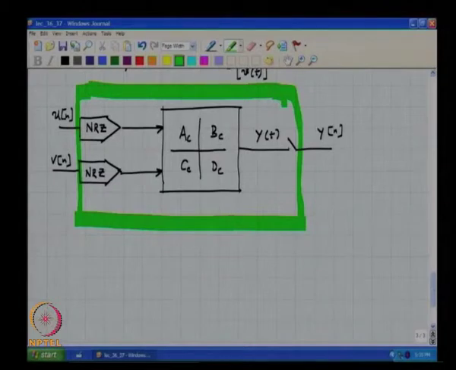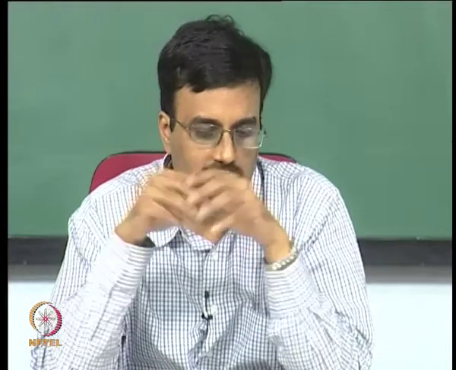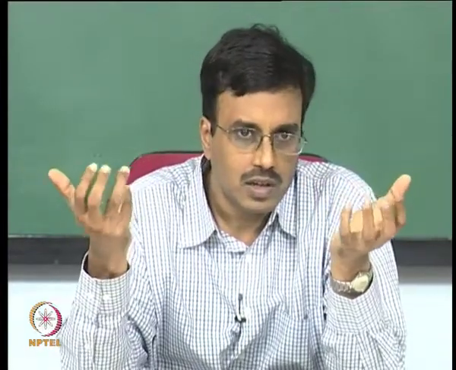So, if we are able to find therefore the equivalent discrete time system, you understand, if you think about this green box, two discrete time inputs, one discrete time output, the box is linear. So, one should in principle be able to derive a discrete time equivalent of this continuous time state space system, and once we do that, it is just a matter of using the delta sigma toolbox to simulate the continuous time modulator. Is this clear?